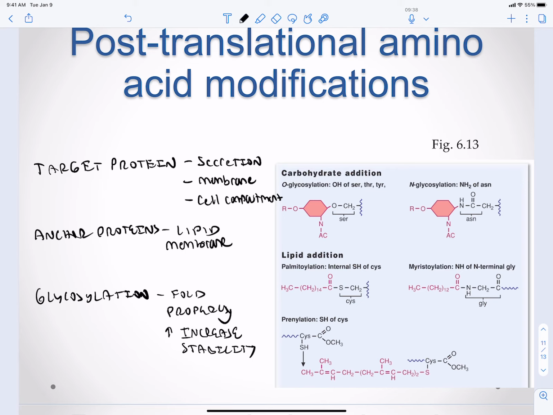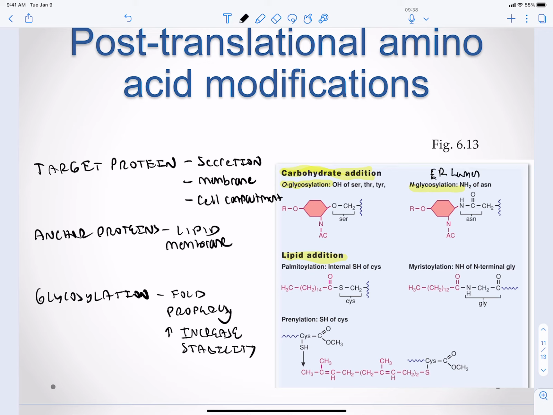Now, some of the additions, again, are going to be carbohydrates. We can also have lipid additions. For carbohydrates, you can have O-glycosylation or N-glycosylation. N-glycosylation will occur in the ER lumen.